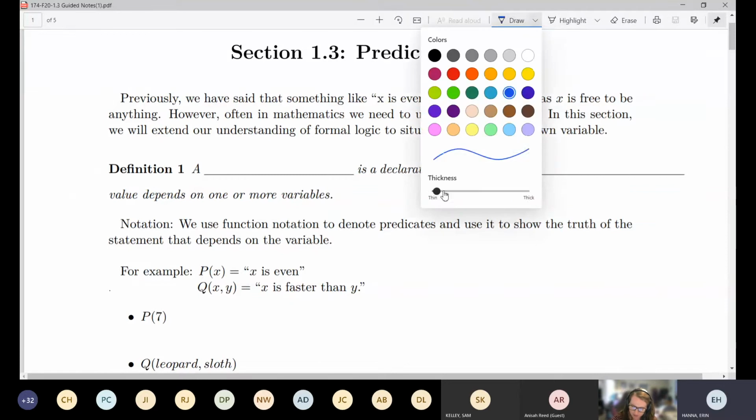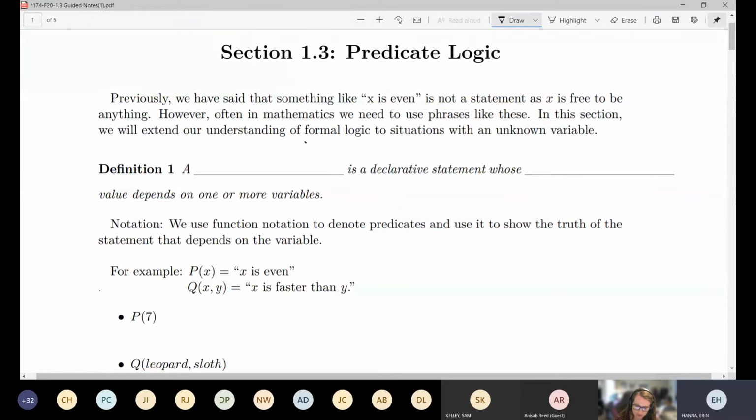So predicate logic. A predicate is a declarative statement whose true, false value depends on one or more variables. So now we're actually going to allow these variables to exist, and we're going to be able to look at the true falseness depending on what that variable is.